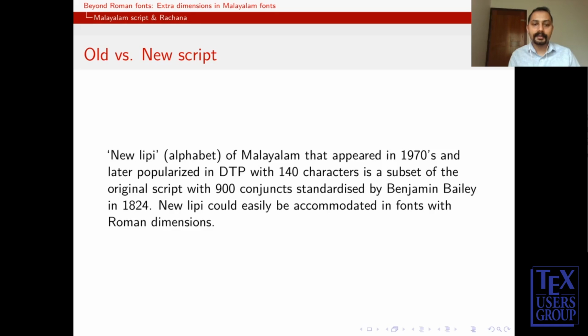There was a proposal in the 70s by the government, and the proposed reformed script split many vowel symbols and many conjuncts. This is a simplified form, and this reformed script could be easily accommodated in traditional Latin type metrics.